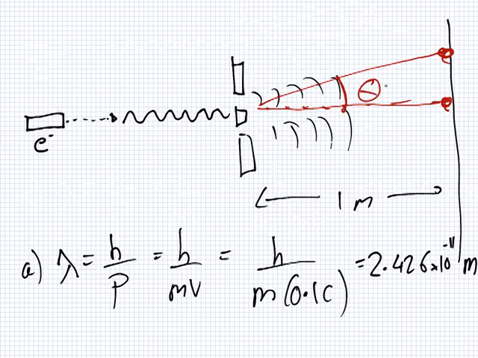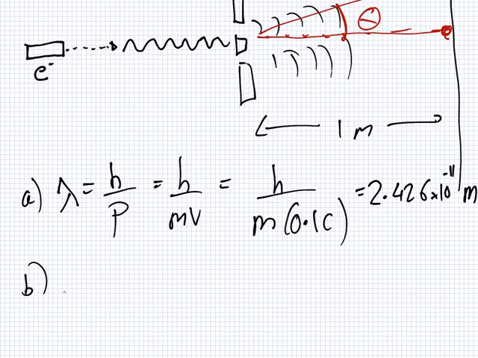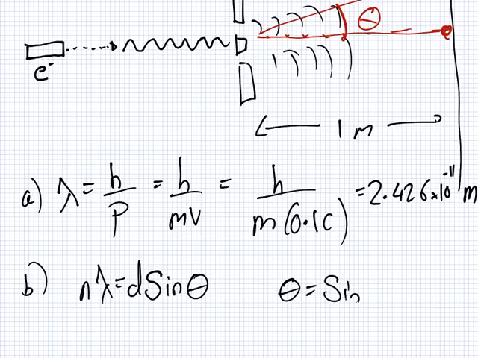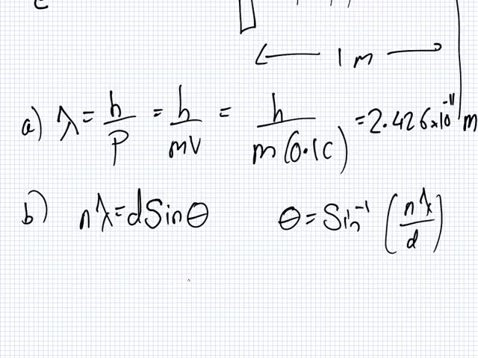Okay, do you remember the formulas you use here? No. Yeah, n lambda. You should remember this because you were here for this part, Andy. n lambda equals d sine theta. So, theta is sine inverse of n lambda over d. And here, what's the n? If it's the first order, 1.